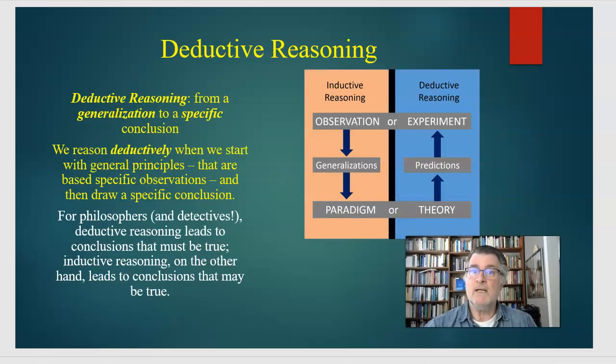Now, deductive reasoning starts from something that is very general, and it works its way down to a specific conclusion. So we are reasoning deductively when we start with a general principle. And that principle is based on some kind of verifiable specific observation. And then we draw a very specific conclusion. Detectives often work the same way, right?